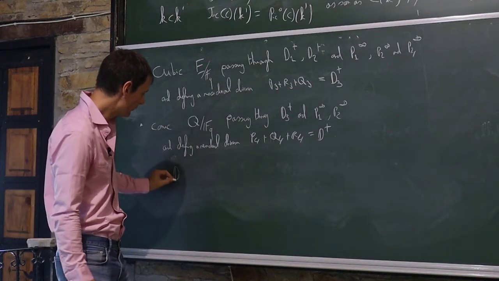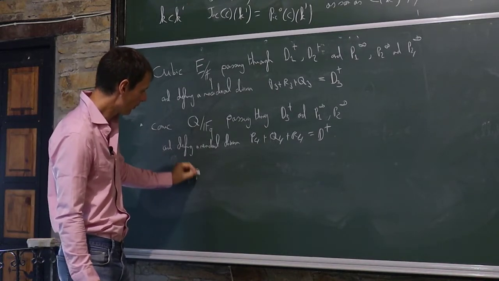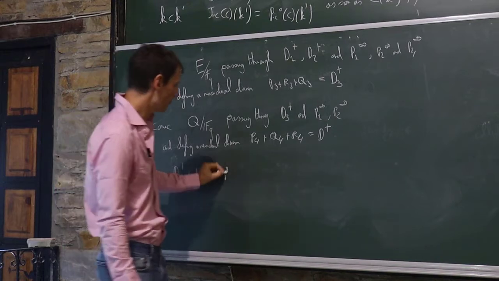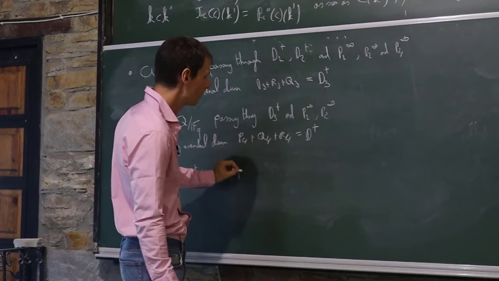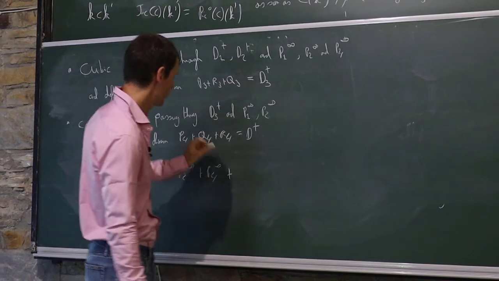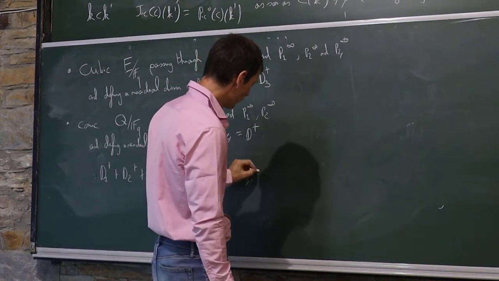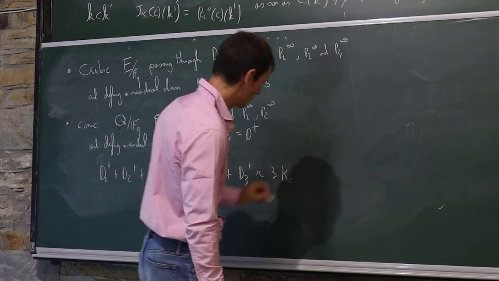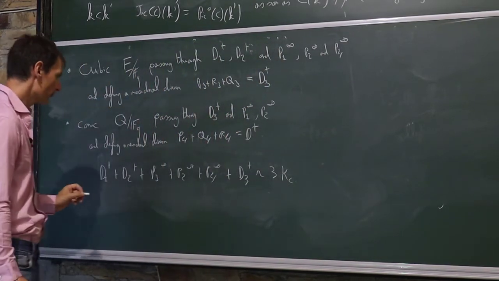So let me write it in this way. What we have is D1 plus D2 plus P1 infinity plus P2 infinity plus P4 infinity plus D3 plus, which is equivalent to 3 times the canonical divisor.